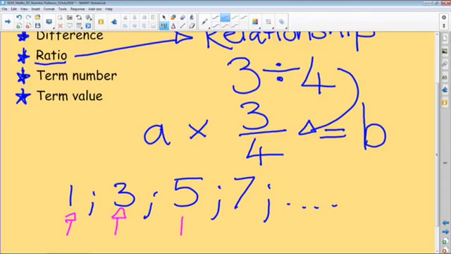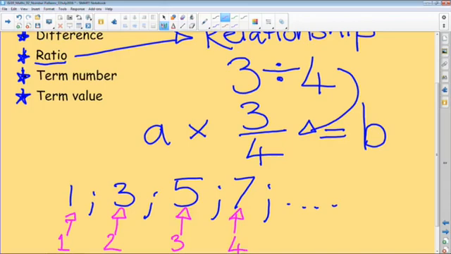So in the first position, we have term 1. In the second position, the term number is 2. In the third position, the term number is 3. Can you guess what this position is? Let's hope all of you said 4.